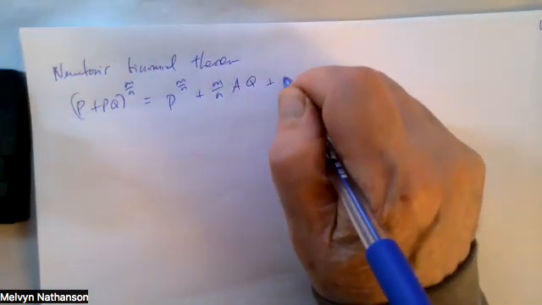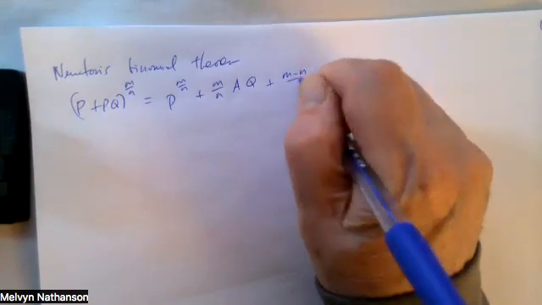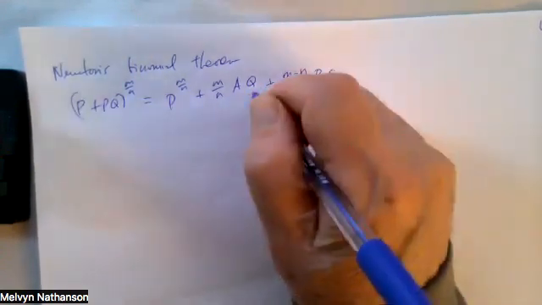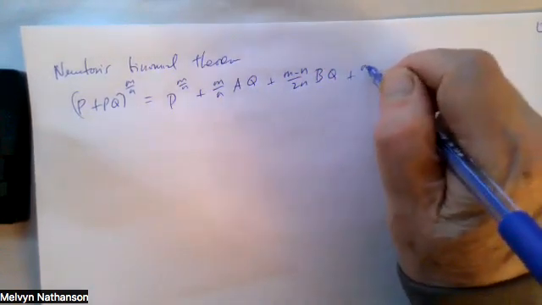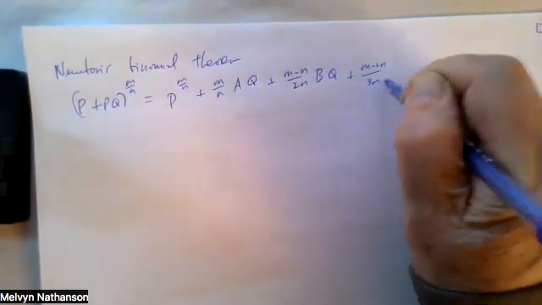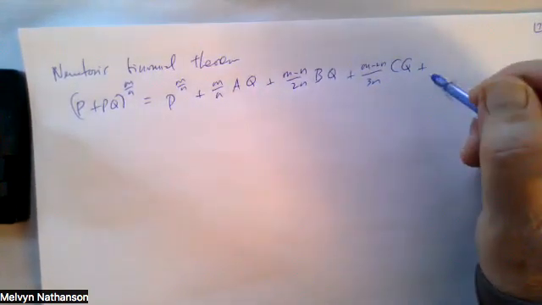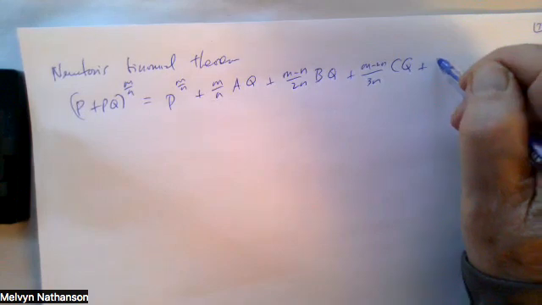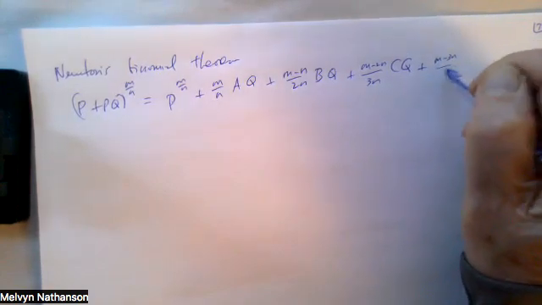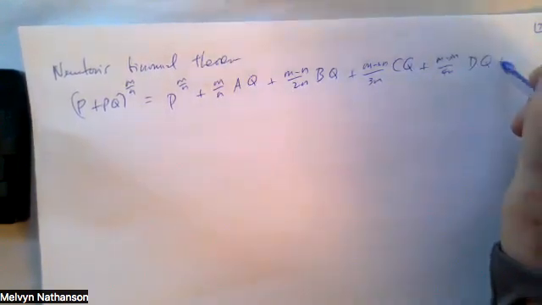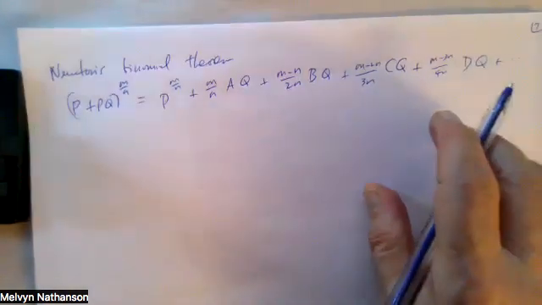The next term is ((m - n)/2n)BQ, where B is the previous term, plus ((m - 2n)/3n)CQ, where C is the previous term. The next term is ((m - 3n)/4n)DQ, where D is the previous term, and so on forever.